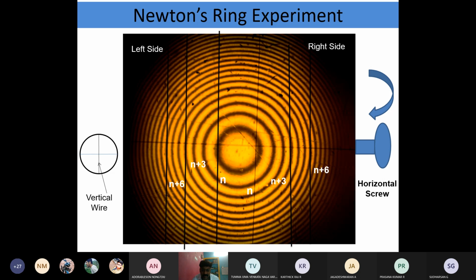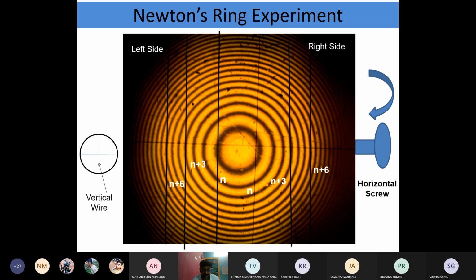After measuring the value, again rotate the screw and fix the position at n plus 3. See, the first 1, 2, 3. It became n plus 3. So we are moving the scale by fixing the fringes, by fixing the orders. The scale also changes, and those changes we have to measure simultaneously.